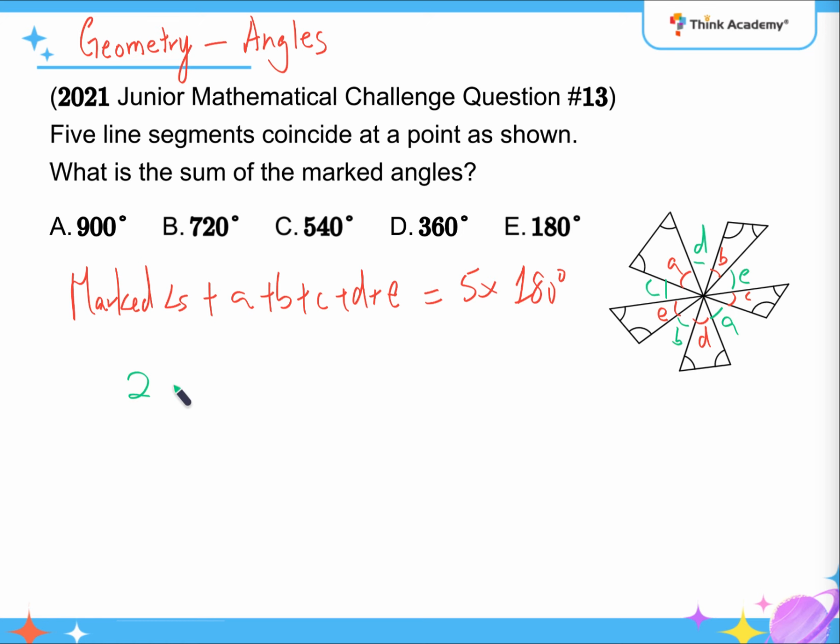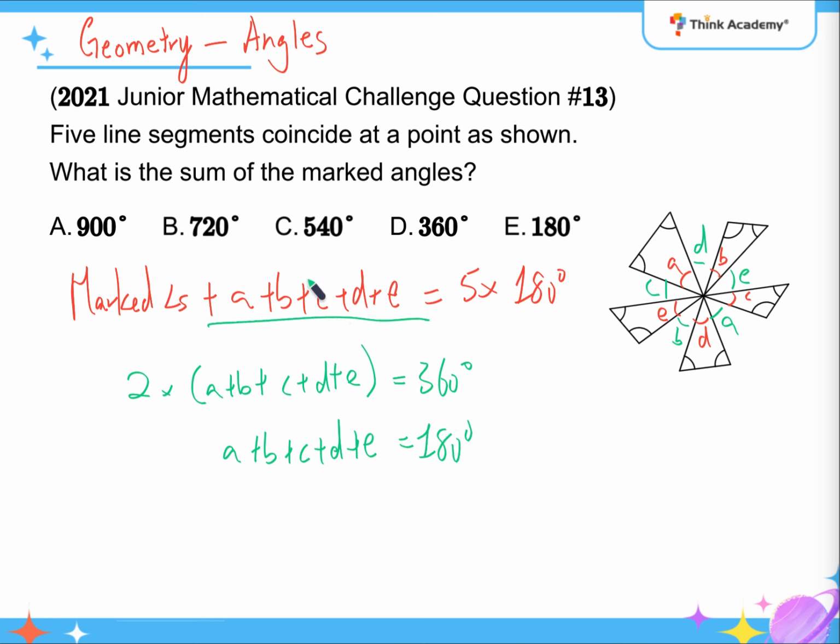So we know that 2 times A, B, C, D, and E is 360 degrees, such that A, B, C, D, and E once each is 180 degrees. So I can replace this by 180 degrees. Now, the marked angles adding 180 degrees is equal to 900 degrees, right?